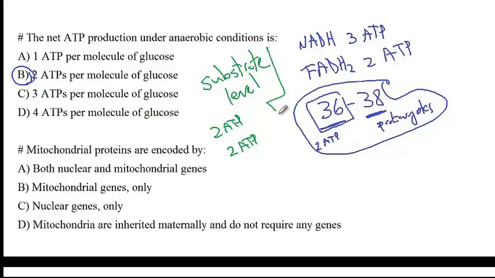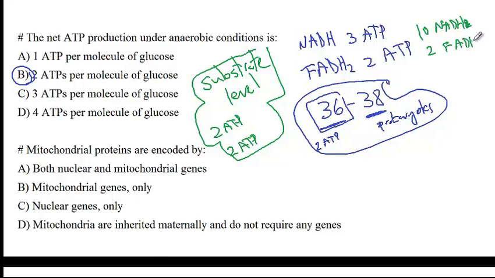So a total of 4 ATP are being produced by substrate level phosphorylation. The rest, 10 NADH and 2 FADH2, once they go through the electron transport chain, all the adenosine triphosphate that they produce is through oxidative phosphorylation.